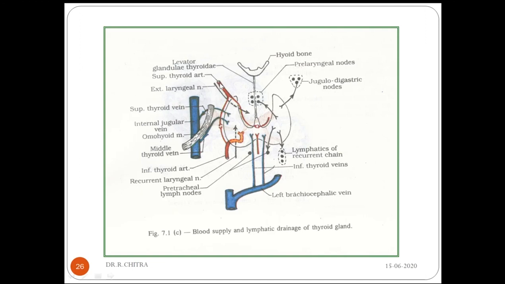And this is the superior thyroid artery, related to the external laryngeal nerve. And this is the inferior thyroid artery, related to the recurrent laryngeal nerve. Now, the upper group of lymphatic drainage is into the prelaryngeal and jugulodigastric lymph nodes, and the lower group is into the pretracheal nodes and the lymphatics along the recurrent chain.